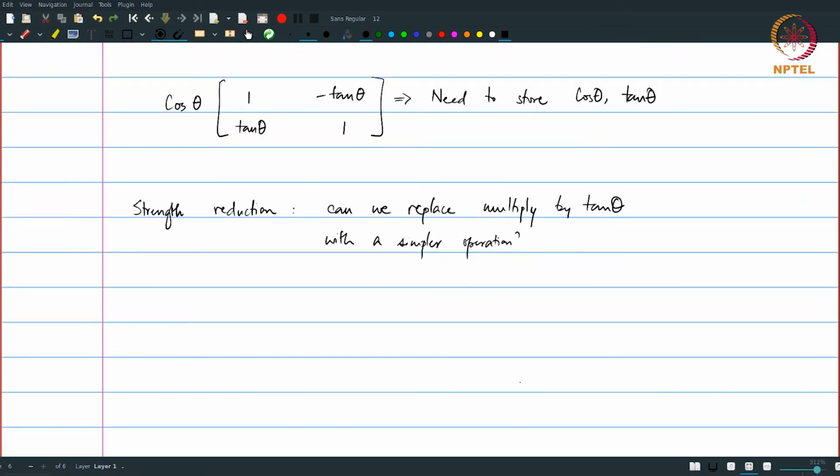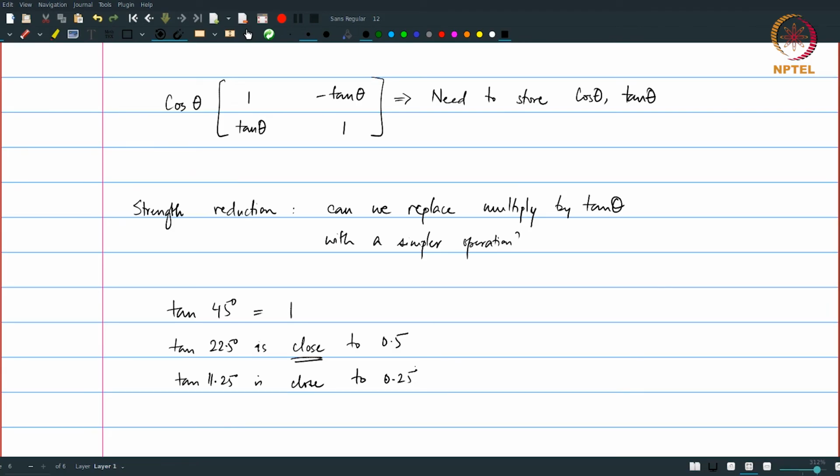And the key insight over here is to say that tan 45 degrees is equal to 1. Tan 22.5 degrees, although not exactly equal to 0.5, is close to 0.5. And tan 11.25 degrees is close to 0.25.